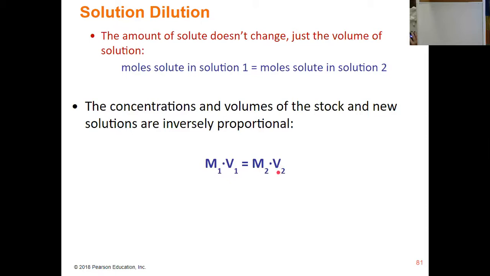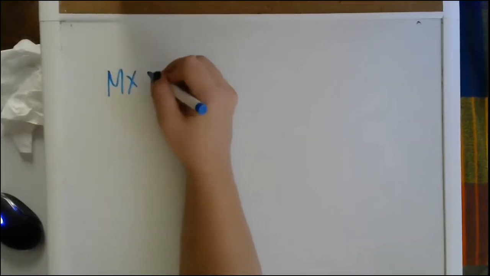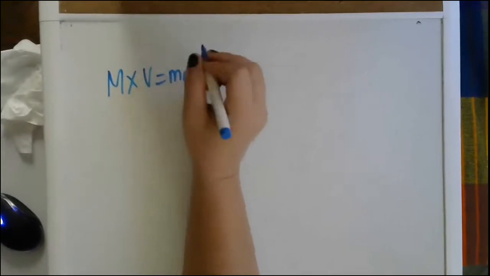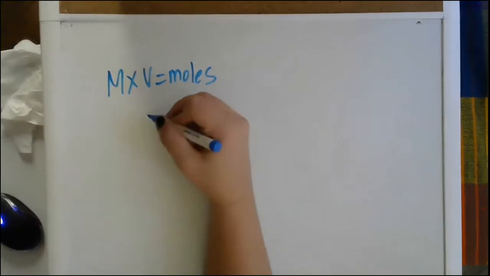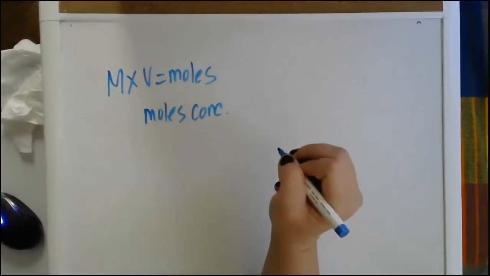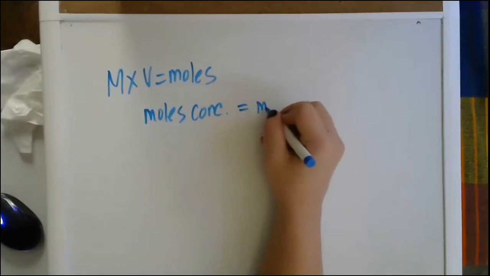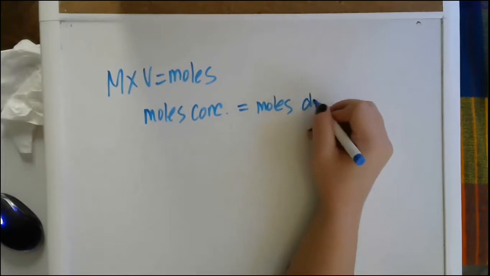I'm going to switch to my whiteboard here real quick just to kind of give you an idea of why. We already said that molarity times volume equals moles, okay? And we also have just said that the moles of our concentrated solution are going to equal the moles of the solute, specifically of our dilute solution.